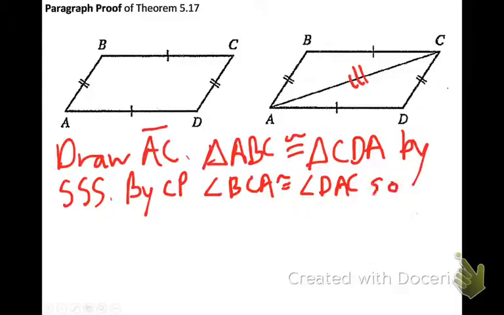So, if I know BCA is congruent to DAC, what does that do for me? Those are alternate interior angles and they're congruent.